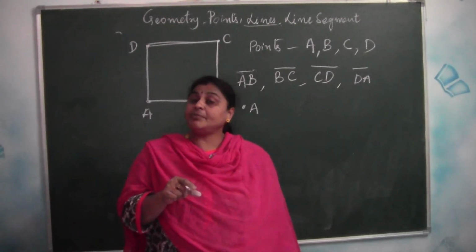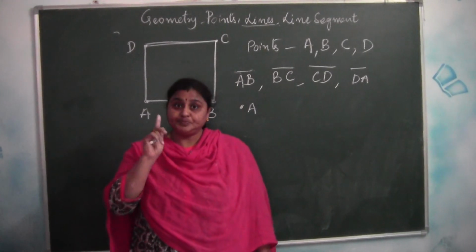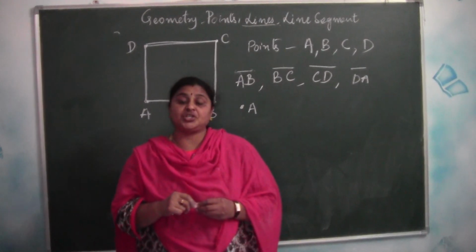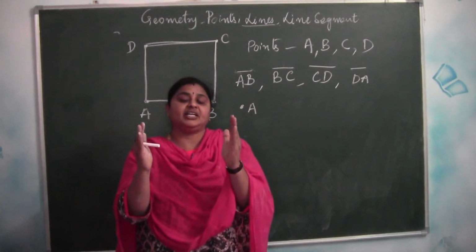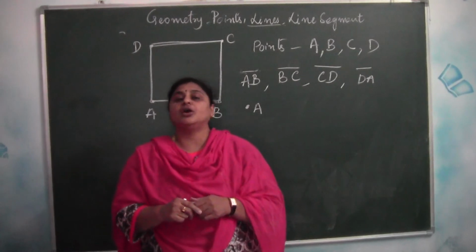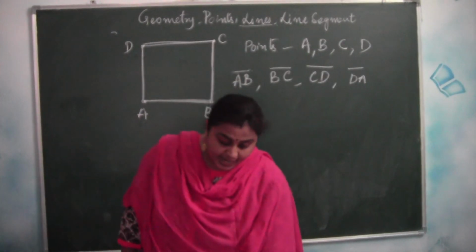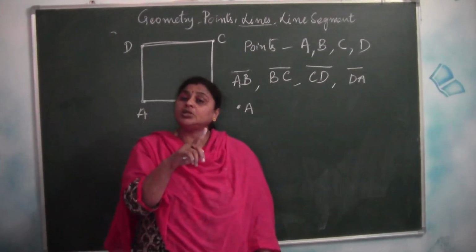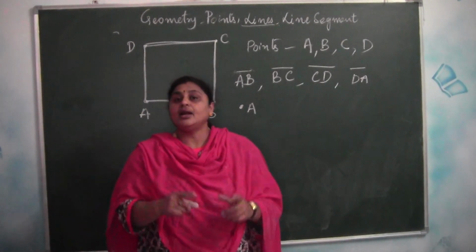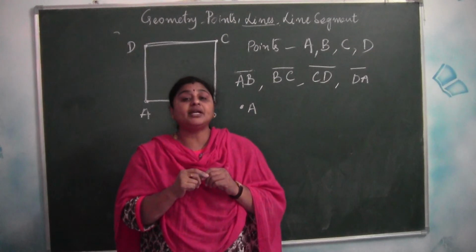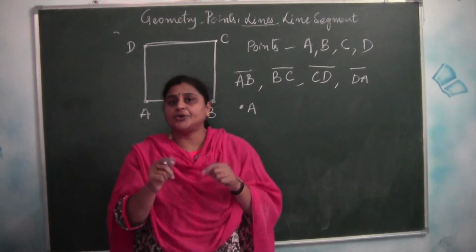Again, a line segment is also made of points, children, but from the line, any part of the line that we choose is called the line segment. A line segment has both a starting point as well as an ending point, and it cannot be represented with arrows.